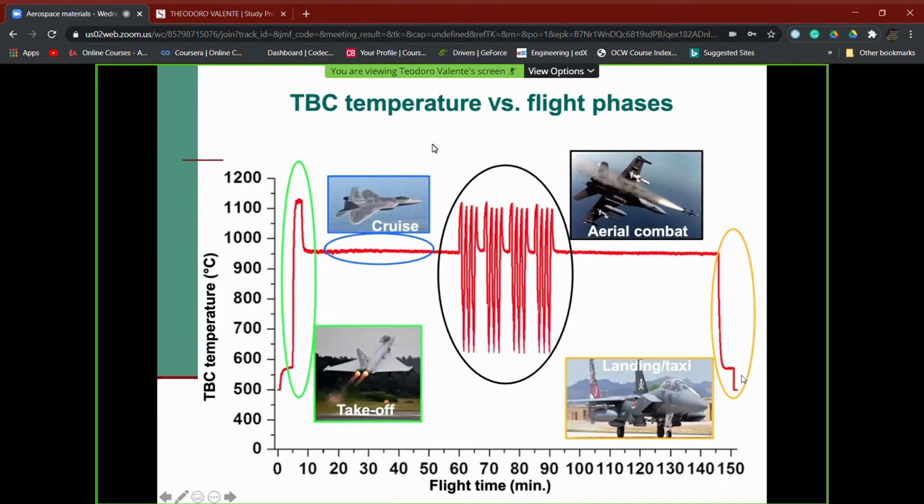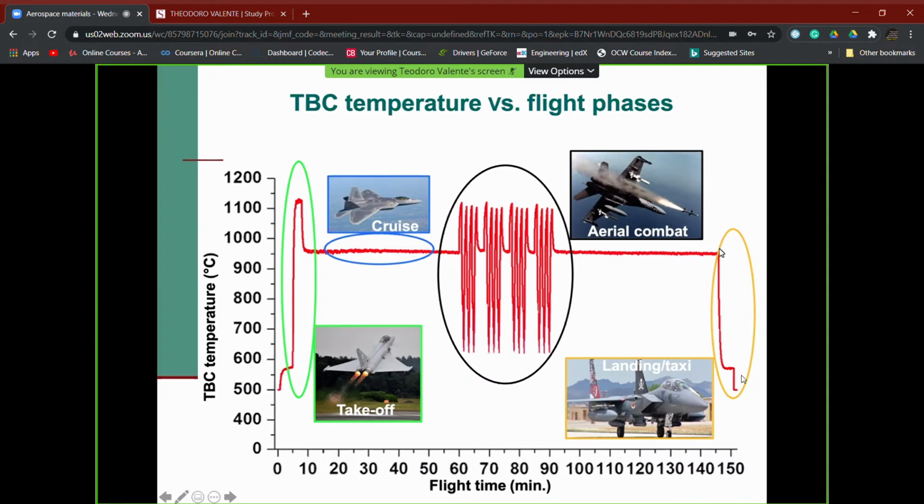If we have a look, for example, at the flight phases, the most stressing period of the life of thermal barrier coatings, where we need more power, is related to the takeoff of the plane, not so much to the cruise, where we have a constant speed, but when high maneuverability is requested, for example.